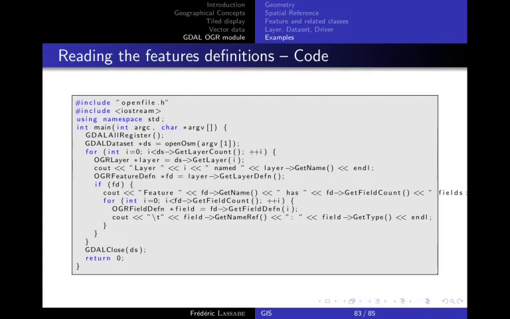So, reading the feature definitions, we go through the dataset, we go through the layers, we output the name, and then we go through the feature definitions. And if we have definitions, we output the feature and its name, we output the number of fields for the feature, and we display the name of the field and its type.